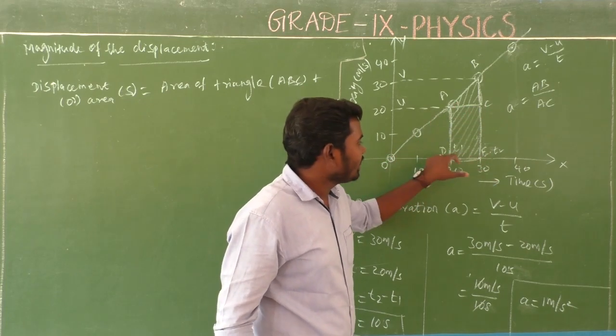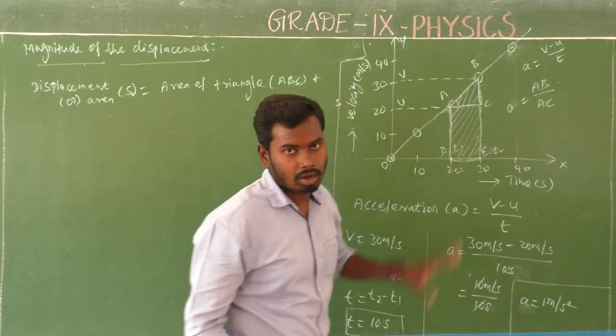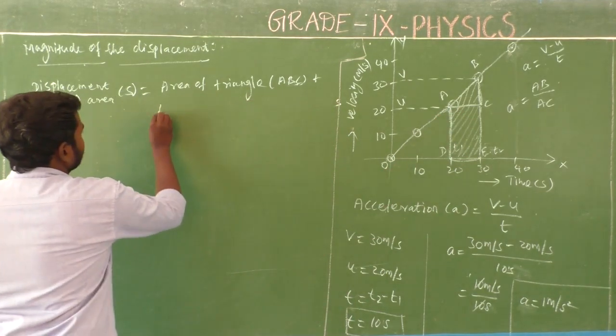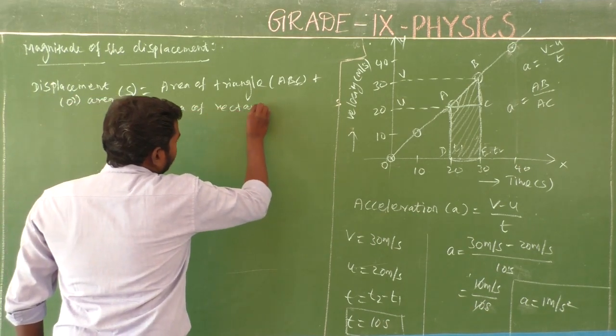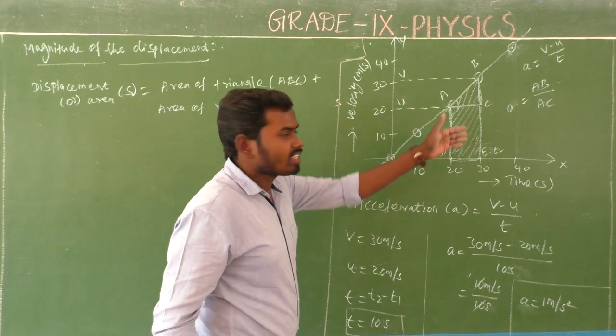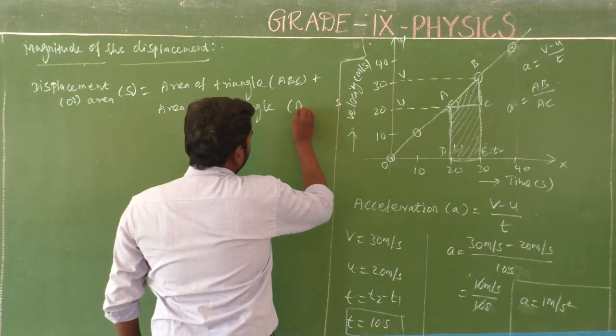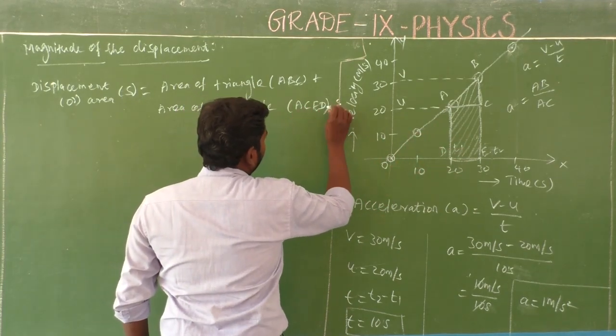This ACED is the area of rectangle. Am I right? Yes. Is it clear?